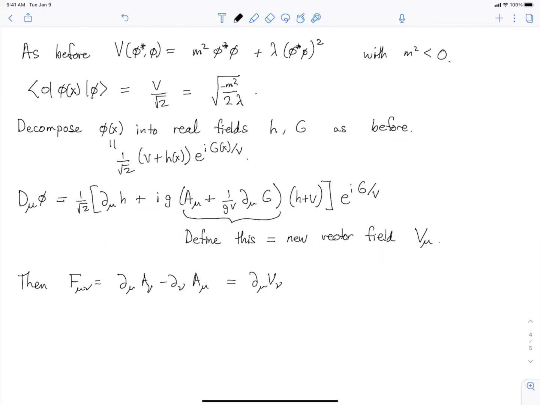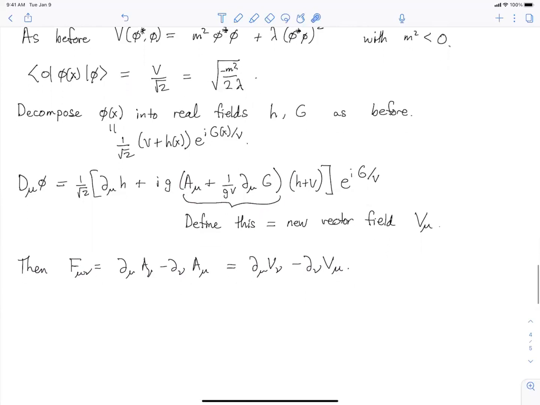So it's partial mu v nu minus partial nu v mu. And the essential reason for that is, if you think about this extra term, it's going to have partial mu minus partial mu, both acting on g, and partial derivatives commute. So that's why this is really just the same thing as that.